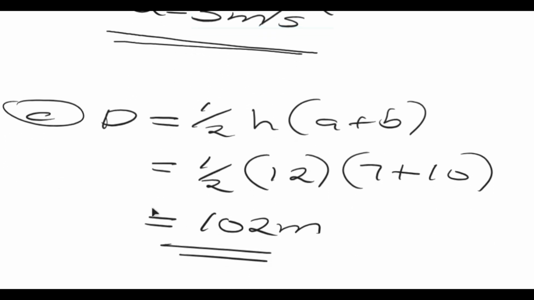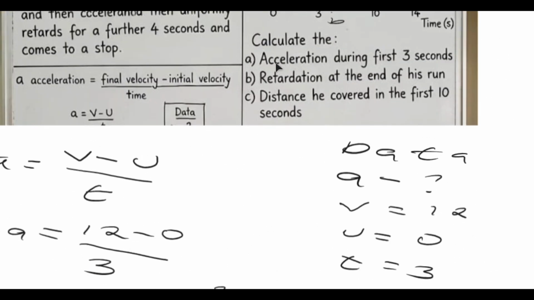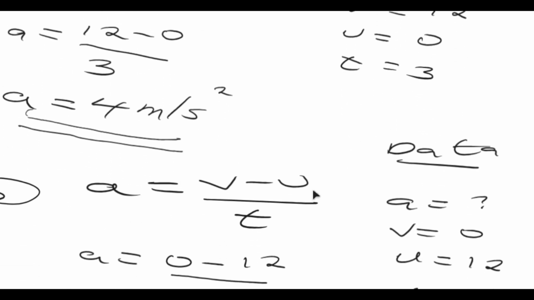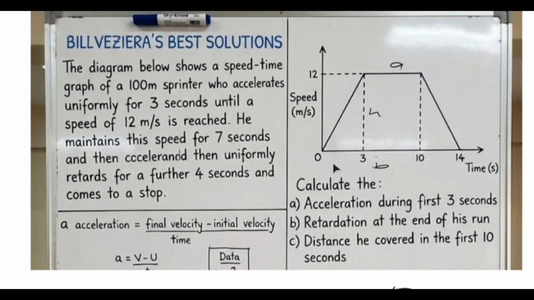Then on c, as c was saying, find the distance he covered in the first 10 seconds. So starting from 0 up to 10 here. When we find the distance, we have to know the shape we have.